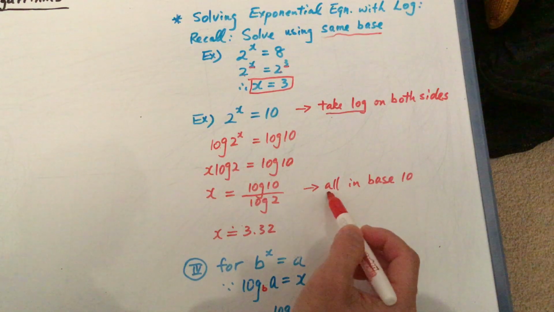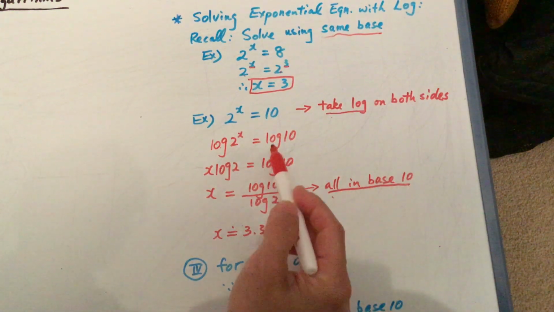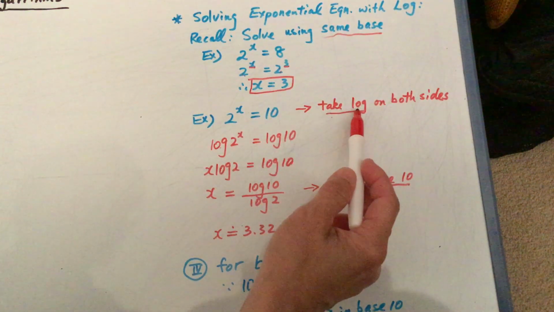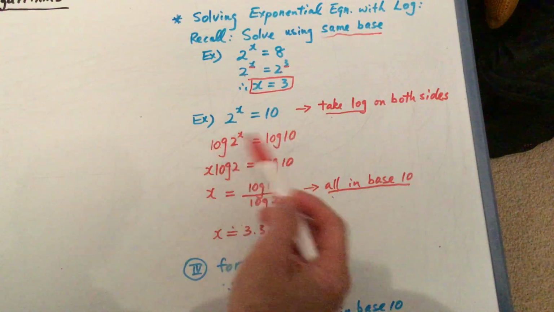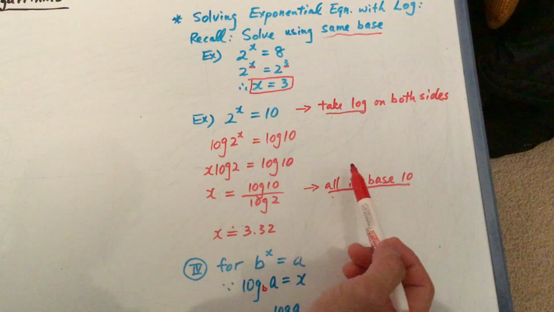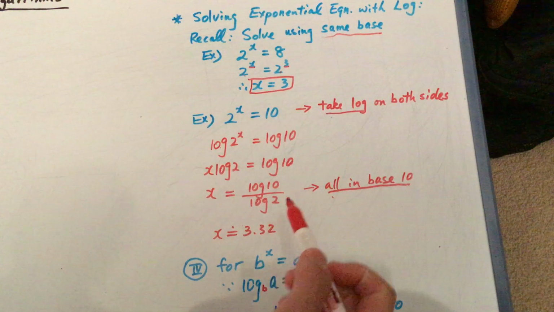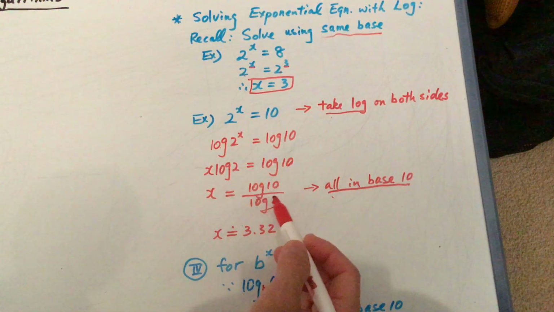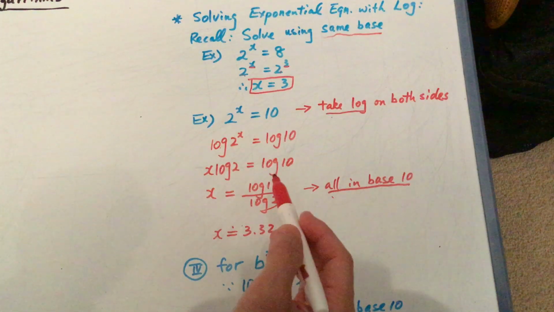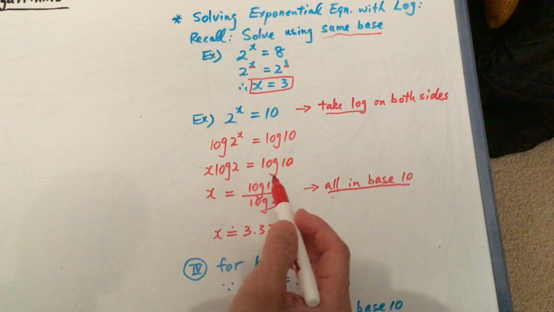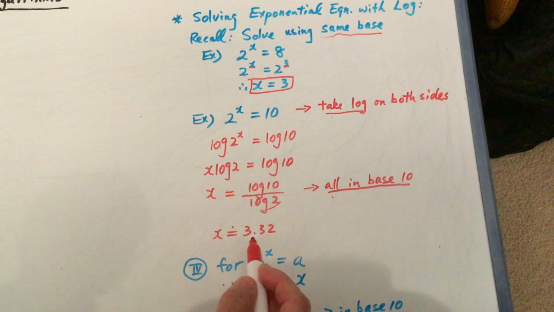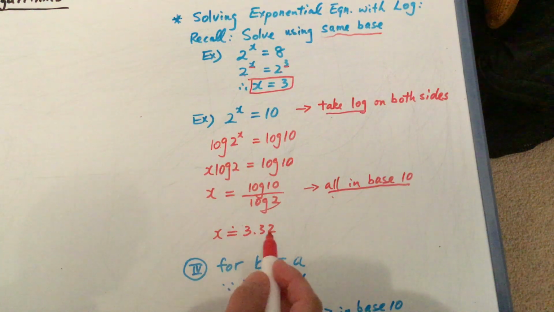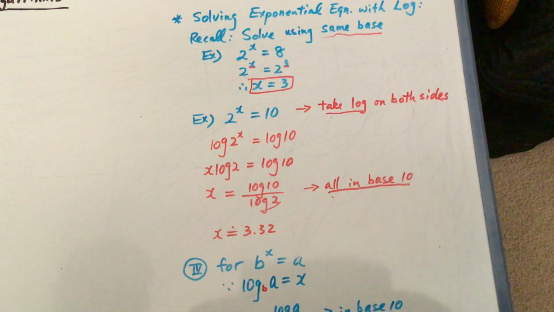Okay, so this is all in base 10, because when we take the log on both sides, we are using the log with base 10. This will give you the exact form, log 10 divided by log 2. Using your calculator, you will get an approximate value of 3.32. Okay, so this is the example that I want to show you.